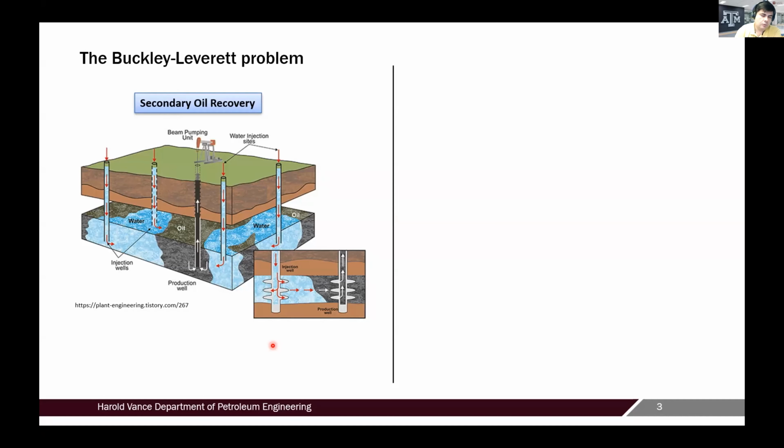We inject water for two reasons, mainly to keep the pressure of the reservoir. We are removing oil, so the pressure goes down. We inject water to keep this pressure up, and also for the effect of sweeping: we are sweeping the reservoir, injecting water, and the oil goes out.